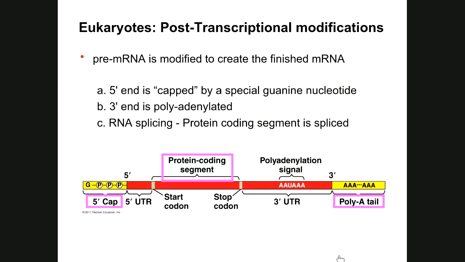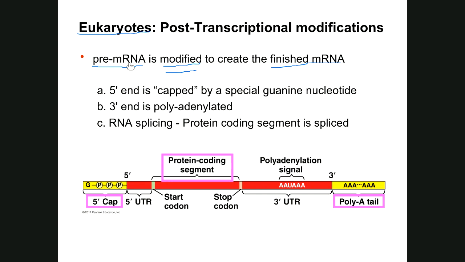So this is a slide here, and I also edited this part of the page. I put down first, second, and third to make it stand out. What will occur is in eukaryotes, when RNA polymerase completes transcription, what has been synthesized is pre-mRNA, and that pre-mRNA needs to be modified into the final or finished product called mRNA that's ready for translation.